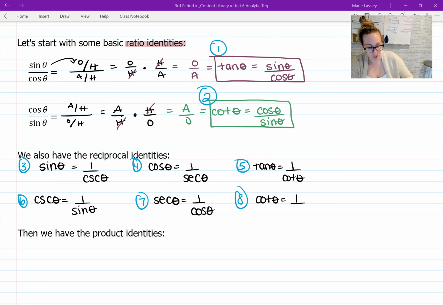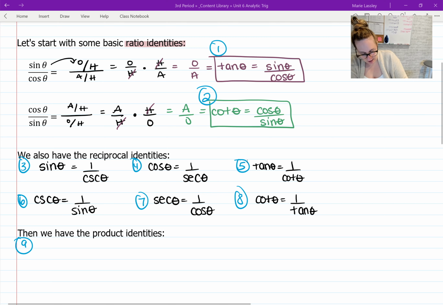All right, now we have the product identities, which are basically using the reciprocals to make a product, right? Product means multiplying. So number 9. Sine times cosecant.